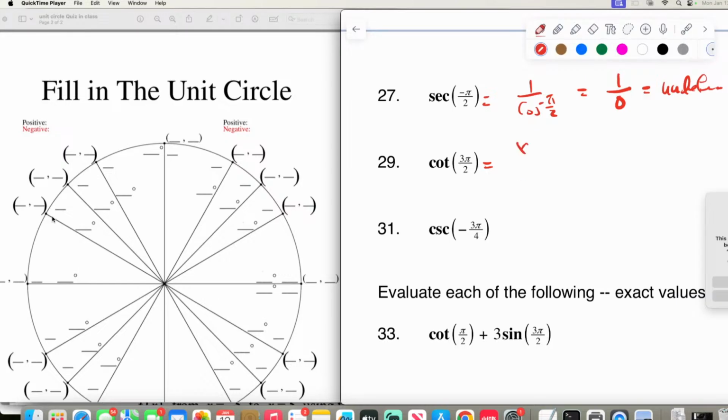No, this is x over y, I'm sorry. So x is going to be 0 in this case at 3 pi over 2. And this is going to be negative 1, sorry, that's undefined. Oh, 0, sorry, I read it wrong. You're right.